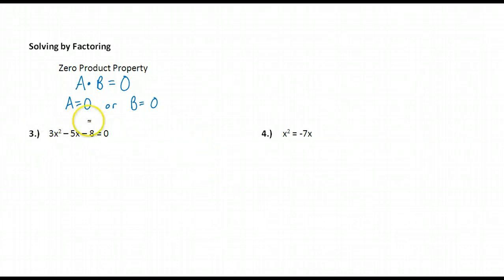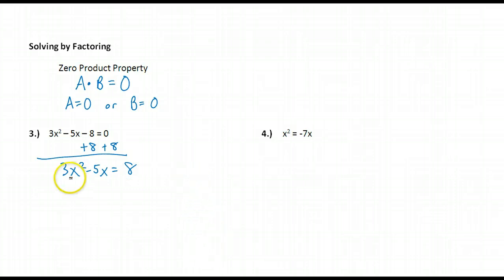So if I look at this first problem, if I want to solve for x, my first instinct would be to add 8 to both sides, and then maybe try to divide both sides by x. Well, that doesn't get me anywhere.